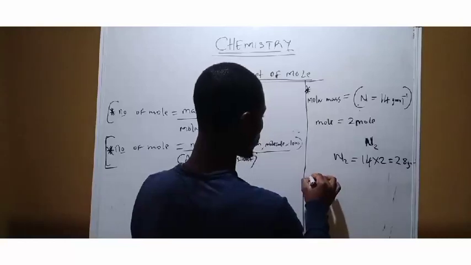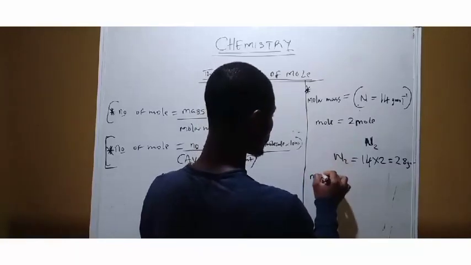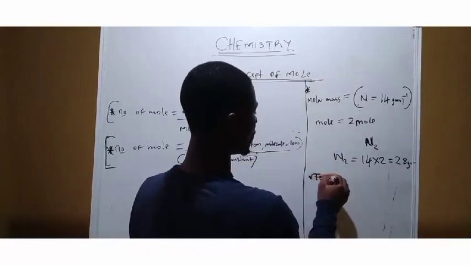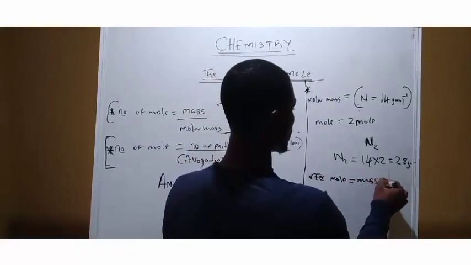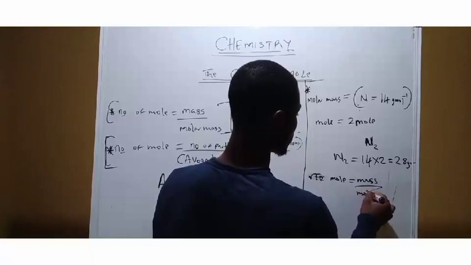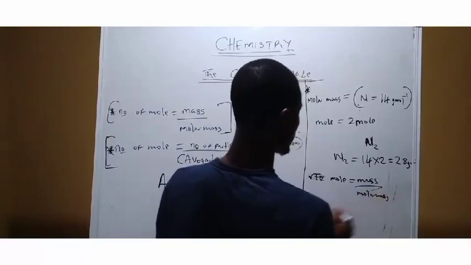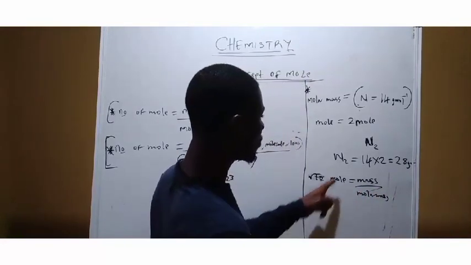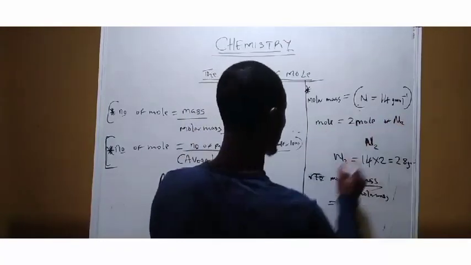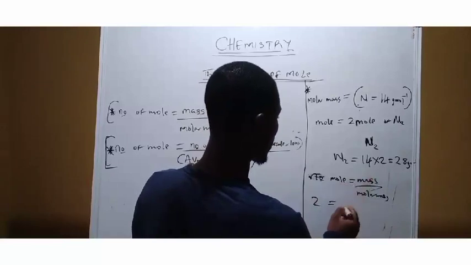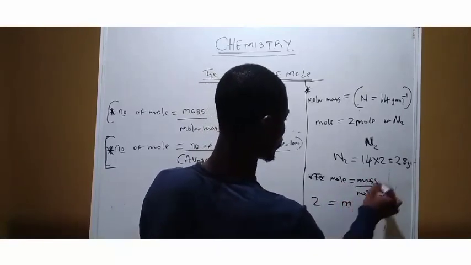Therefore, recall that the number of moles of a given substance equals the mass of that substance divided by the molar mass. From our question we have 2 moles of nitrogen, so we have 2. Then our mass, which is what we're looking for, is unknown.